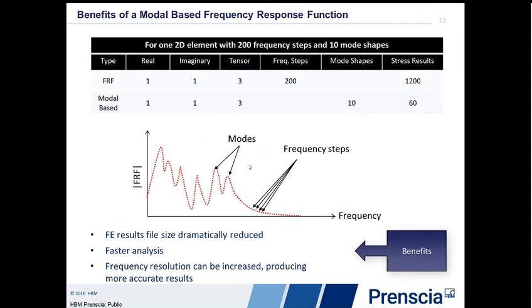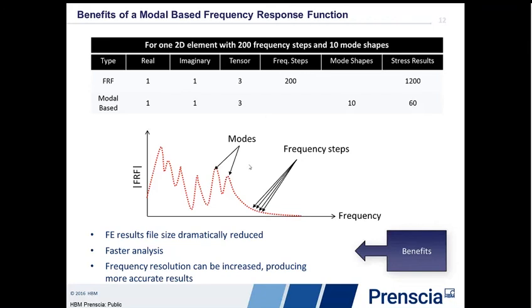The harmonic information is then saved as very short tables, which for every mode are just the real and imaginary multipliers at the frequency steps. Especially when I want high resolution in frequency and maybe a large frequency range to capture, this modal approach is far more efficient in terms of model size.